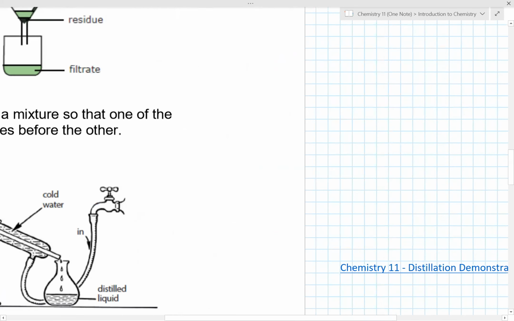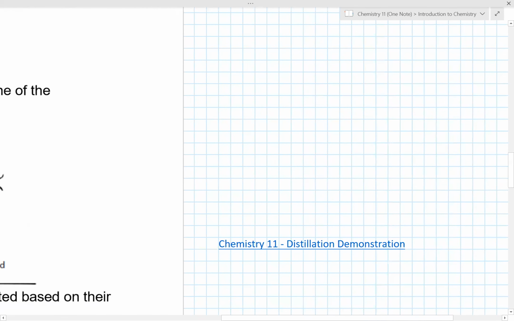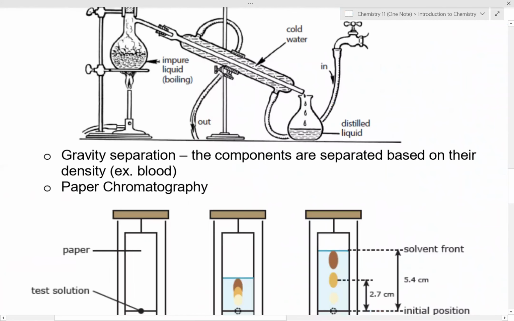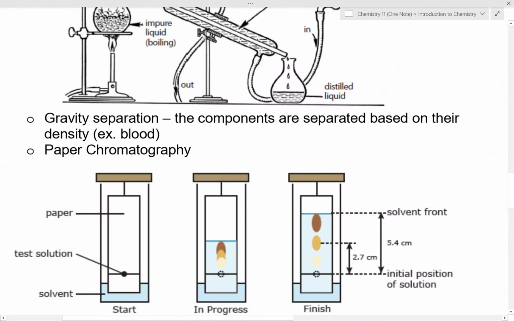Now, in the link below, I would like you to take a look at the distillation demonstration that illustrates how you can separate two liquids due to the different temperatures at which they change phases. Now, the other one is gravity separation, where the components are separated based on their density, like blood.